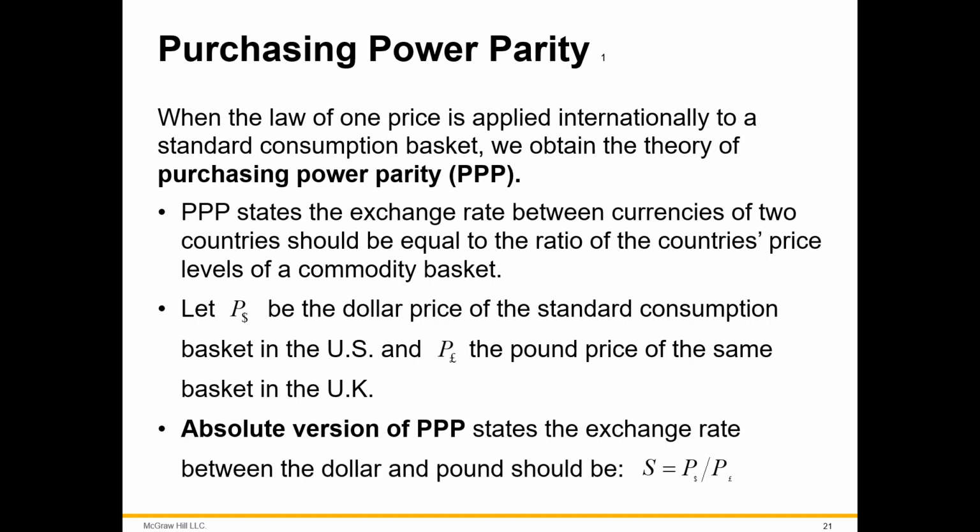But that means that in general, over time, these things should kind of normalize, other than the transportation boundaries that prevent it. Right? So in the absolute version of purchasing power parity, it should be true that the ratio of the prices dictates the exchange rate.